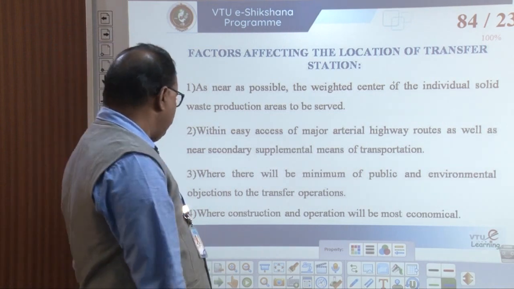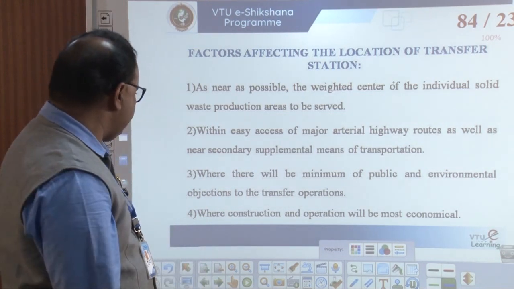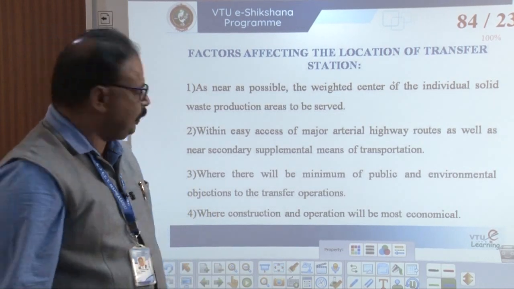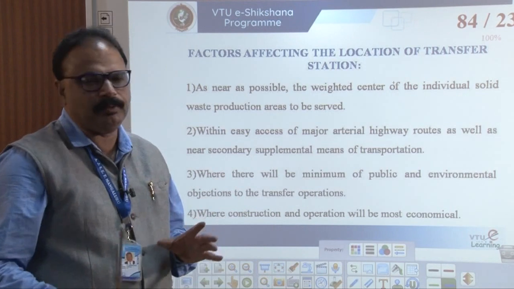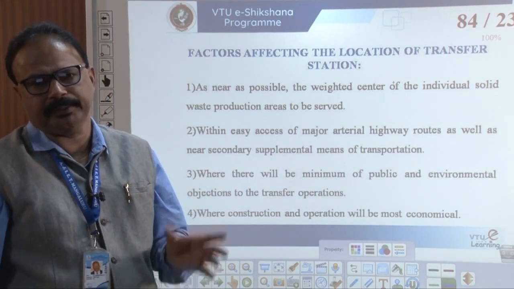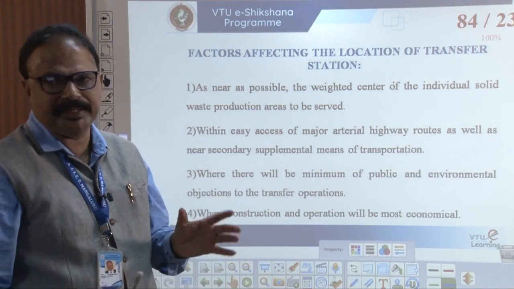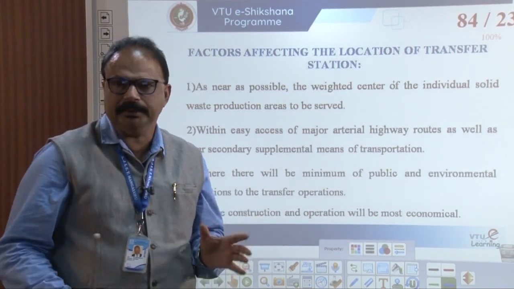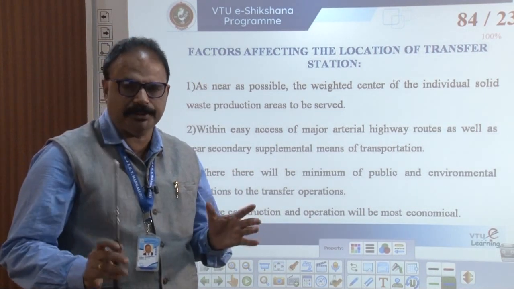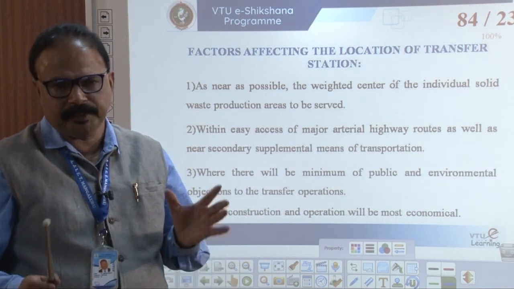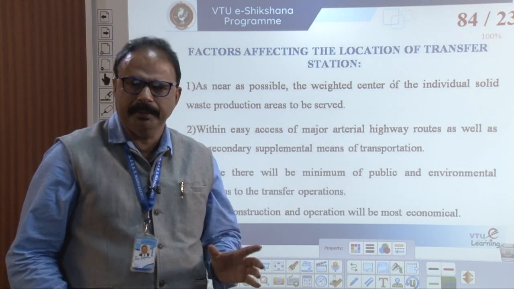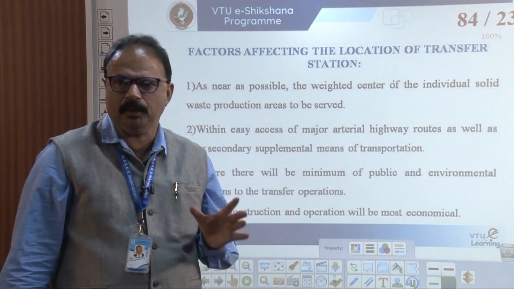Okay, the third one: there should be minimum public and environment objection for the transfer operation. There should not be public and environment objection for the movement of the vehicles transporting the waste. Where the waste is dumped, there should be minimum public and environment objections.